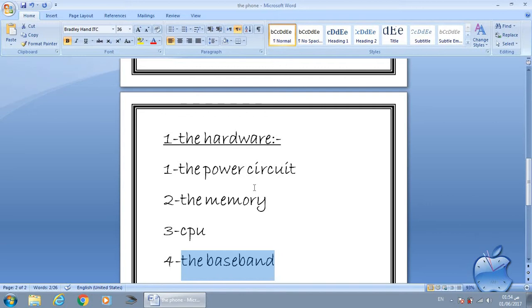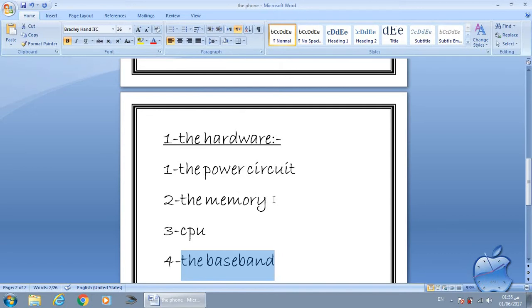But the other circuits, like the Wi-Fi IC or the backlight circuit, if they are not working, only the job that they are doing will not work. It means if the Wi-Fi circuit is not working, only the Wi-Fi will not work. You will not say that the phone will shut down and not work anymore because the Wi-Fi is not working.